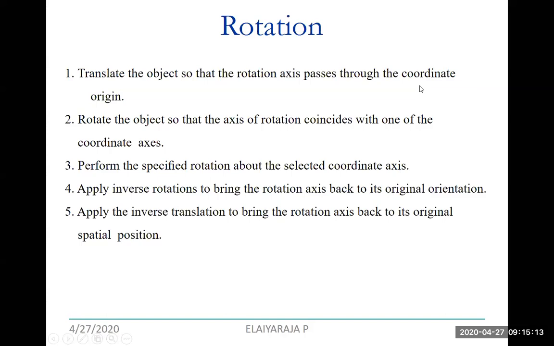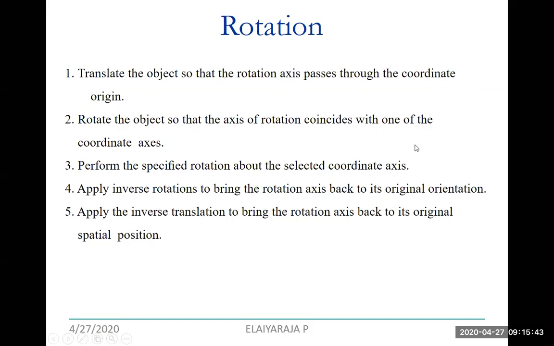So the initial object is moved to the coordinate origin, and then from the coordinate origin you rotate the object. For example, if you are rotating counterclockwise by 30°, you perform the rotation, then you have to bring it back to the original position. For that, you apply the inverse rotation as well as the inverse translation.